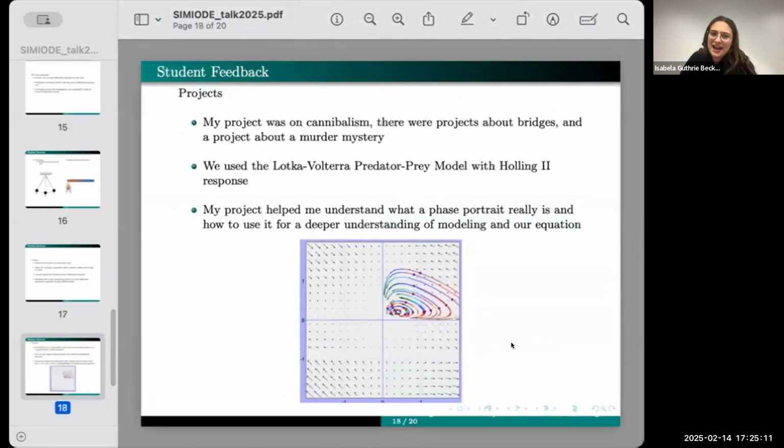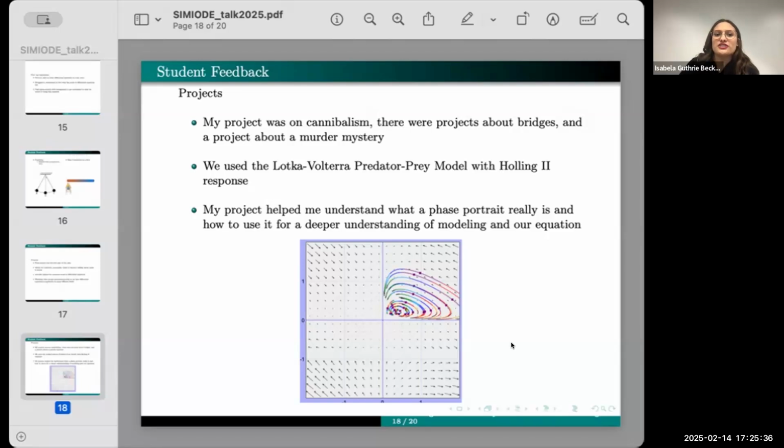So my project was about cannibalism, and we used the Lotka-Volterra predator-prey model with a holling type response. When I thought of a phase plane before, I understood that I can draw them and find them, but conceptually, in space, I had no connection to what this would tell me in the future.